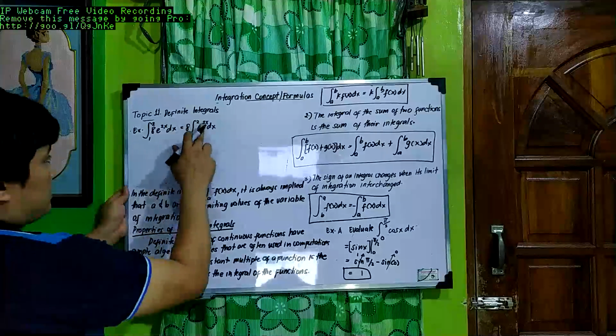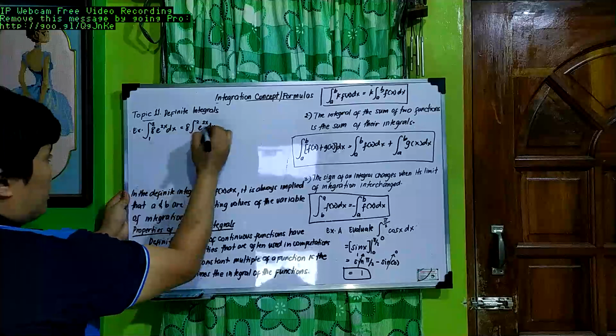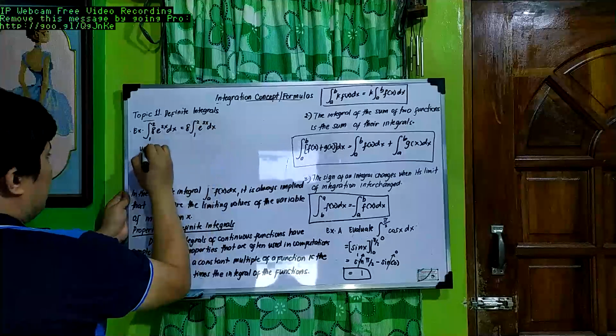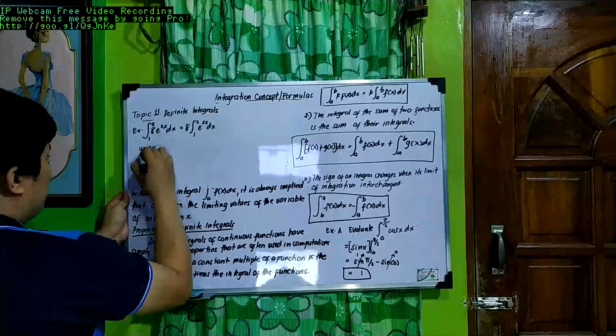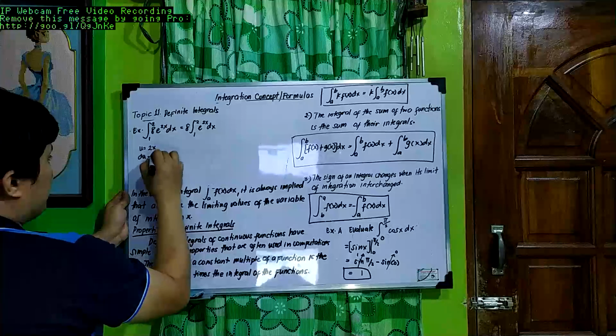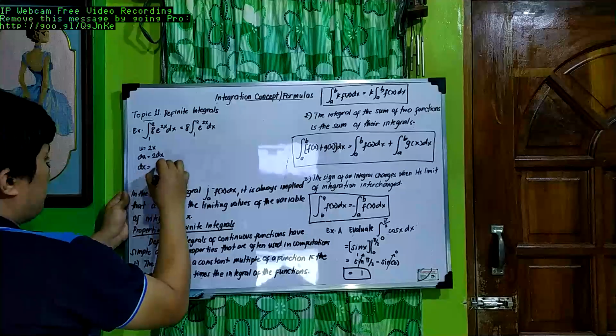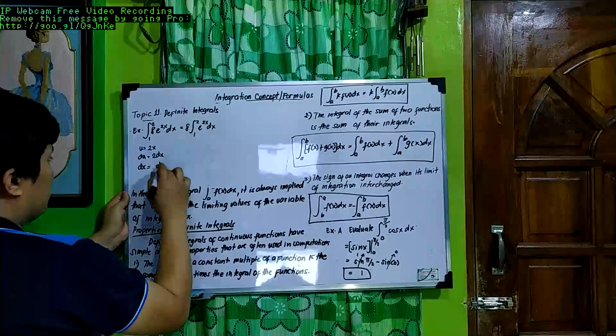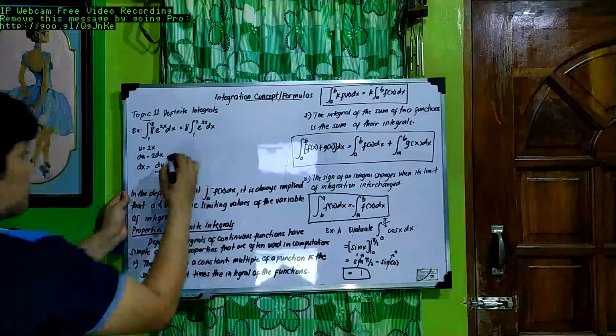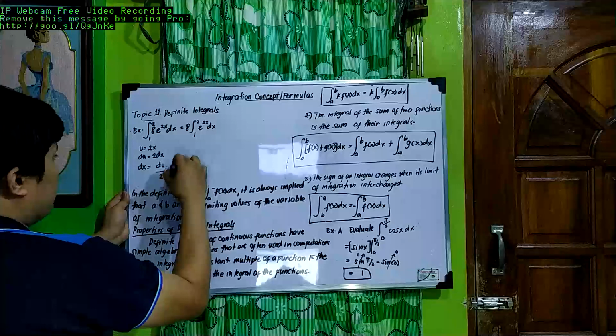But first, you need to derive your 2x. Your u is 2x, your du is the derivative of 2x, which is 2 dx, and we get dx, which is equivalent to du over 2. Then substitute that to the given.